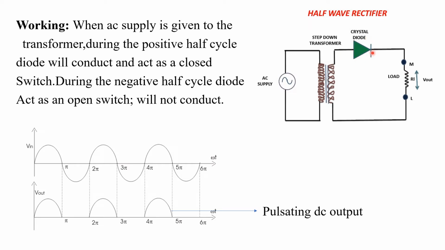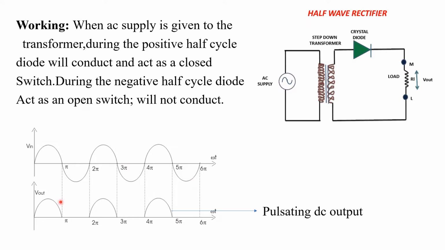That means it will not conduct, or clearly, it will be in the reverse biased region. So during the positive half cycle the diode acts as a closed switch, allowing the flow of current through it, and during the negative half cycle the diode acts as an open switch, so current conduction is not possible.